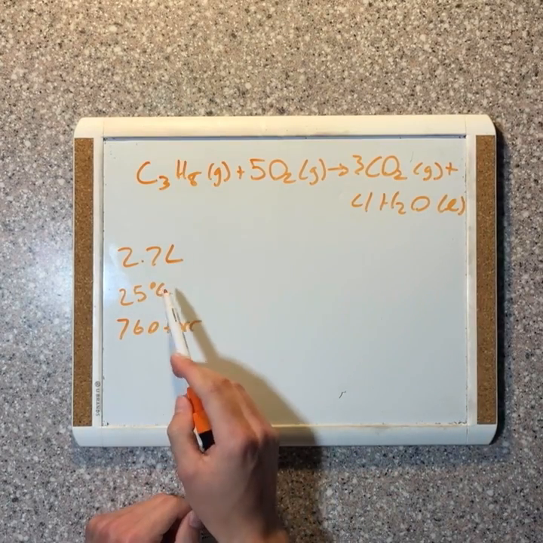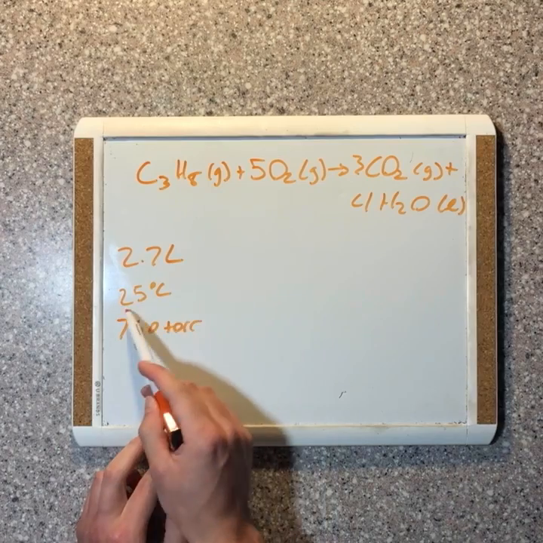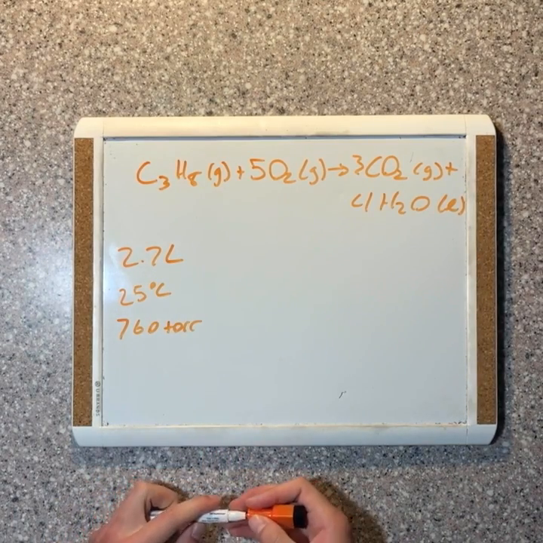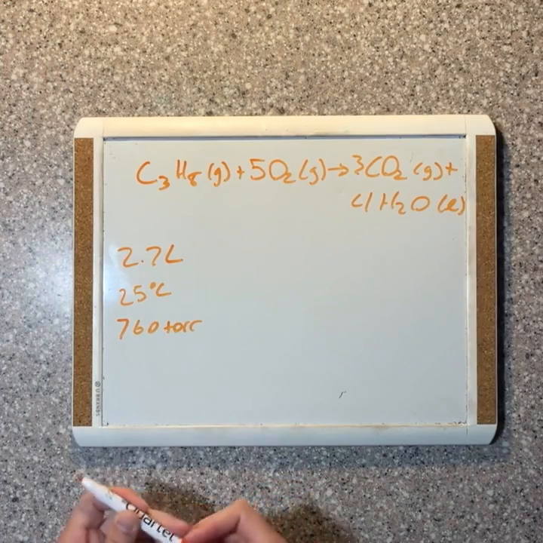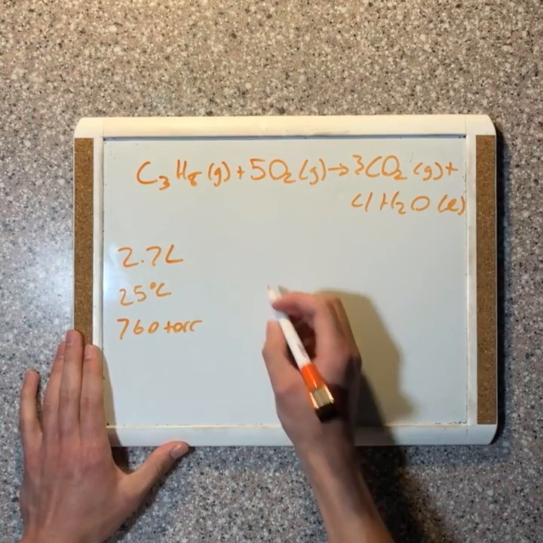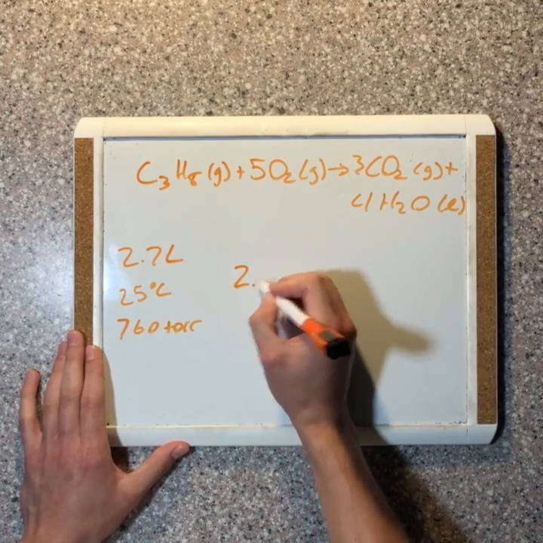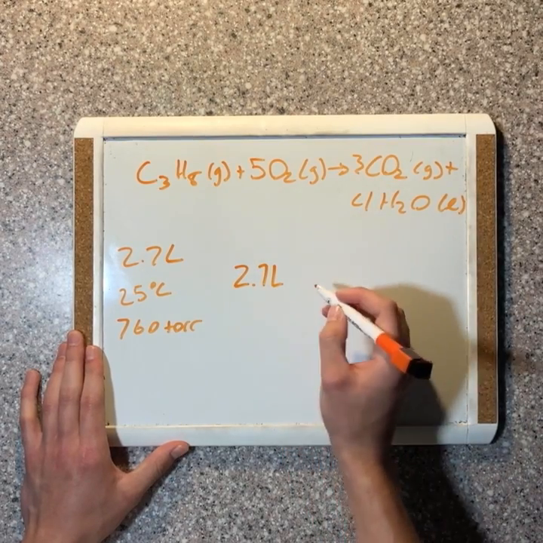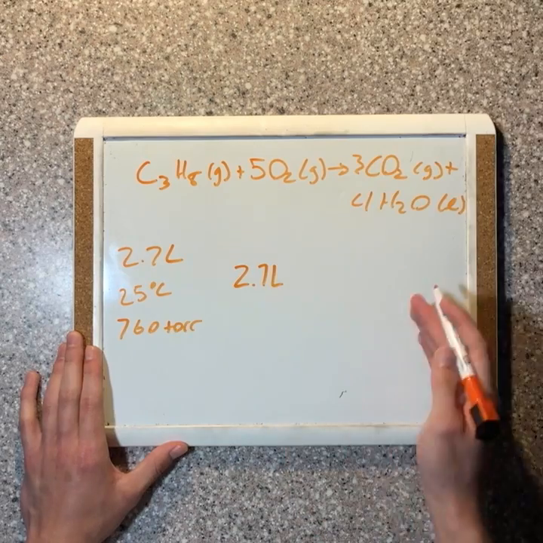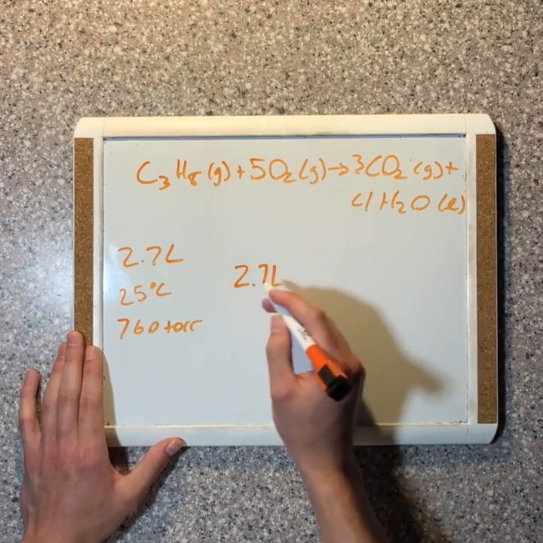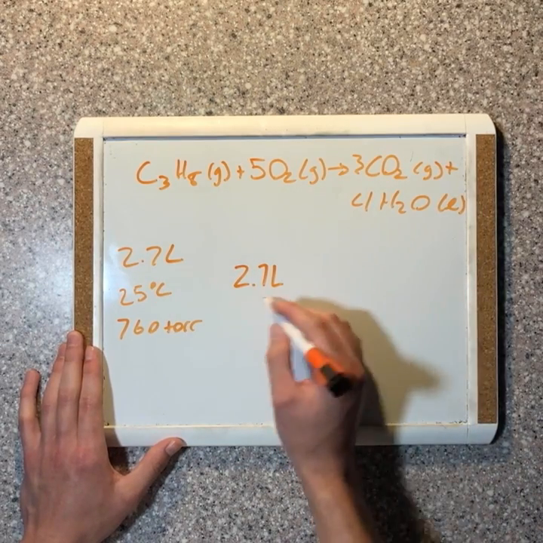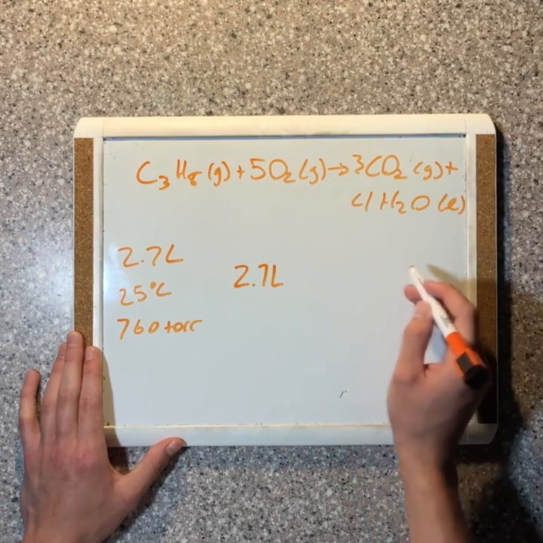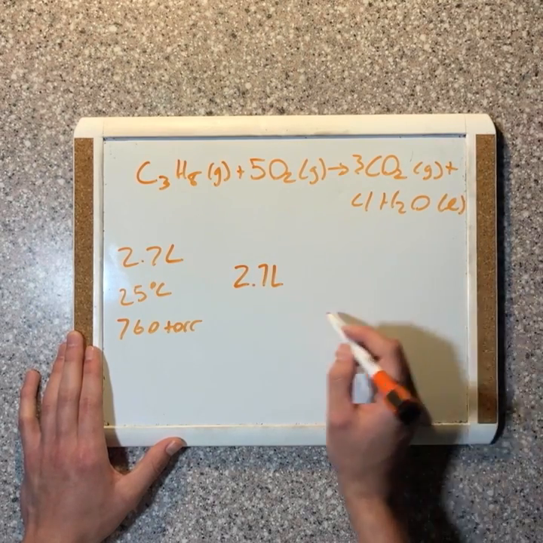Well, conceptually, this is all happening at the same temperature and the same pressure, 25 degrees Celsius and 760 torr. So if these are happening at the same temperature and pressure, then however many moles are in 2.7 liters of gas, of propane, should give us an indication or some sort of relationship with however many moles are in the volume of oxygen.